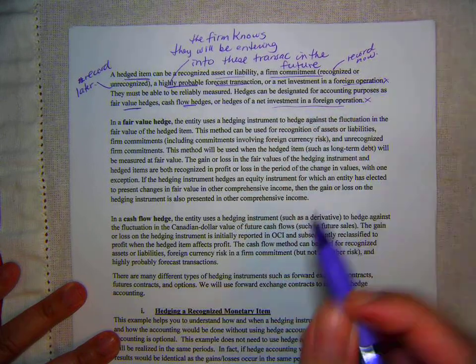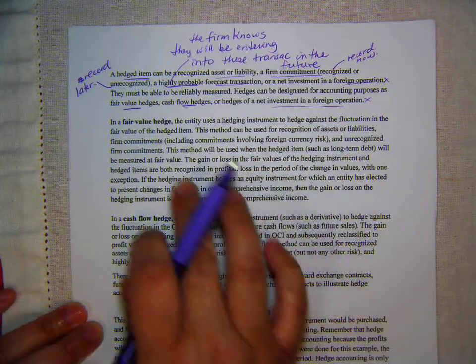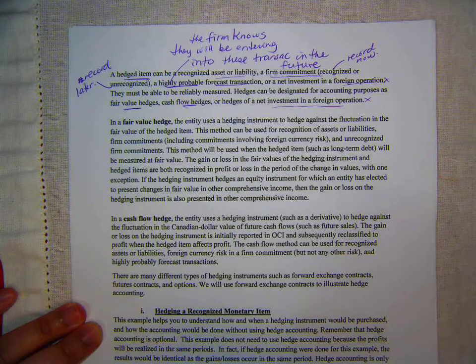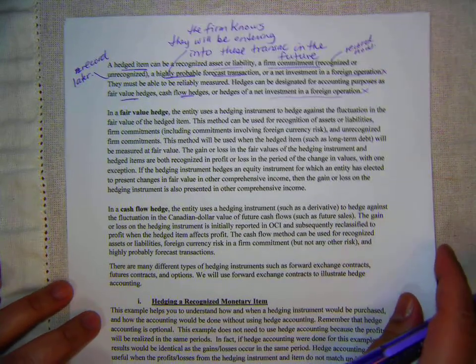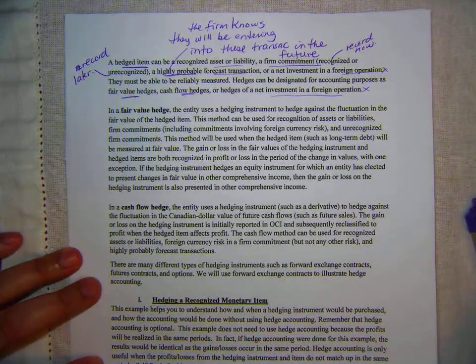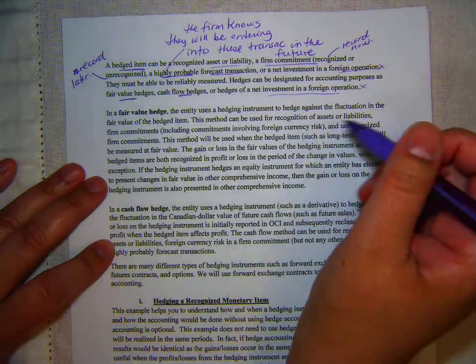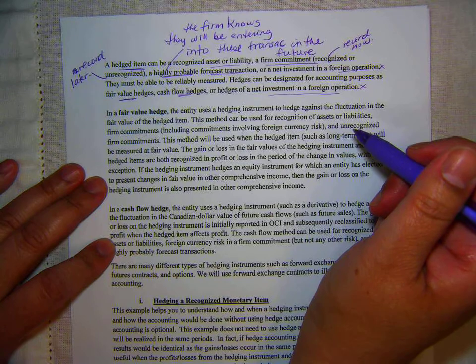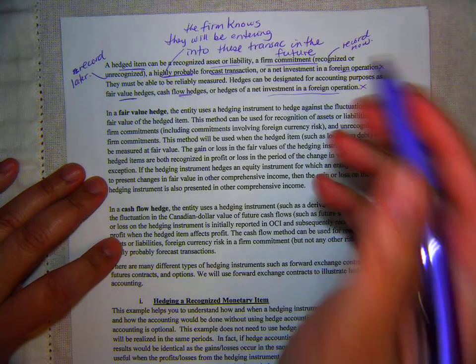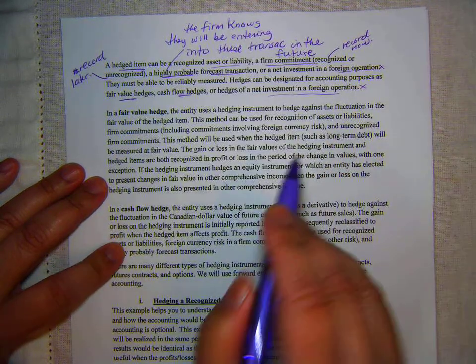So, in a fair value hedge, the entity uses a hedging instrument to hedge the fluctuation in the fair value. Now, this can be used for recognition of assets or liabilities, including ones involving foreign currency risk, and unrecognized commitments.